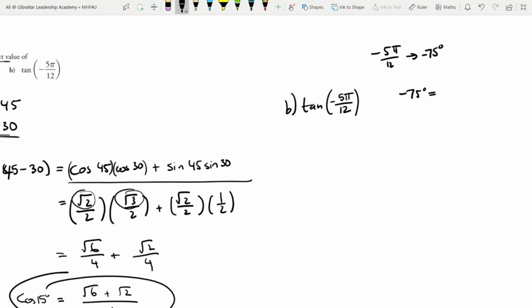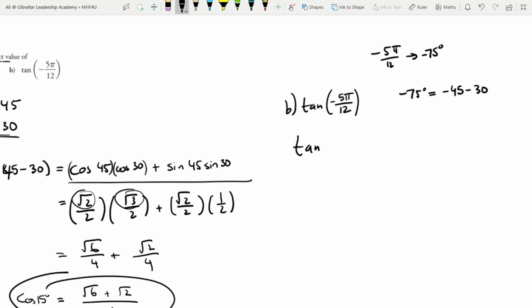It could be negative 45 minus 30. Again, we can come up with a lot of different ways. We haven't really talked about how to use larger angles yet, and we'll leave that for later. So negative 45 minus 30 would give you negative 75 degrees.